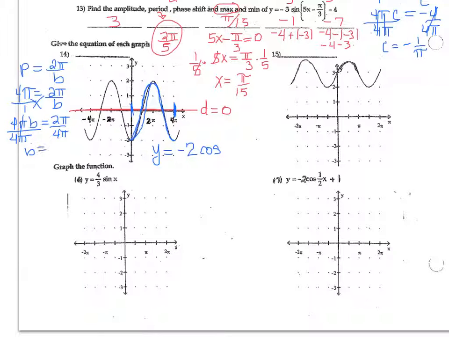The pi's cancel out, and that's 1/2. Some of you might be able to get that without doing the work, because you know that the reciprocal is 2, and 2 times 2 pi gives you the 4 pi. So that's just another way of getting that. But this is the equation.